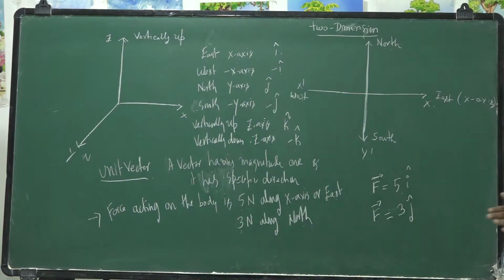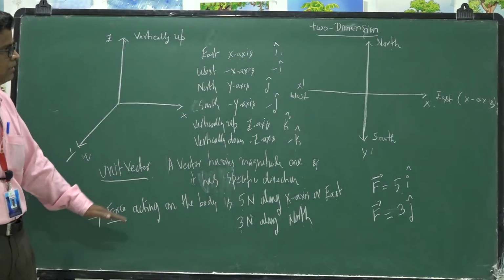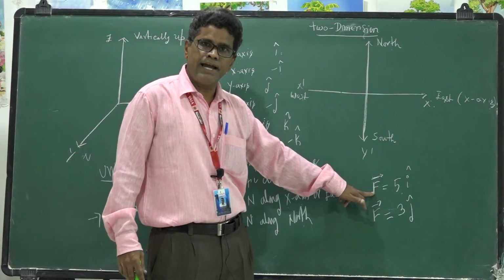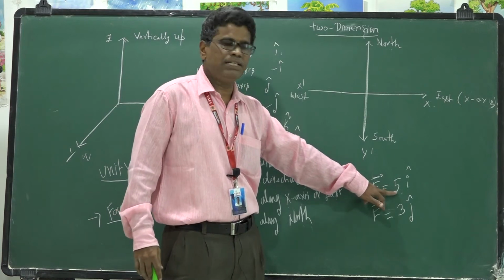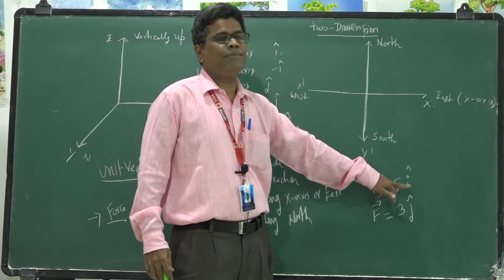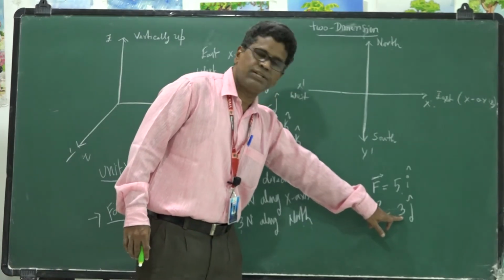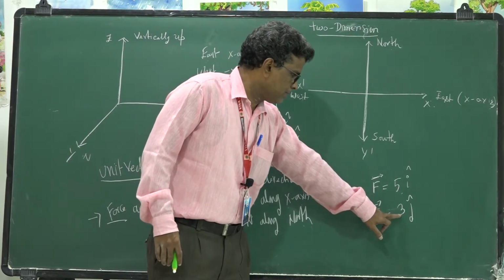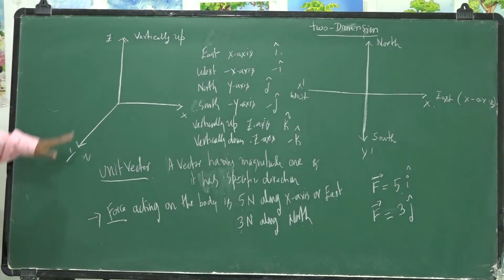Thus, in physics, force is a vector quantity. It has both magnitude and direction. Magnitude is 5 newtons and i cap indicates the direction of the force. Similarly, a force of 3 newtons along north is 3 j cap. Like this we can represent forces and directions.